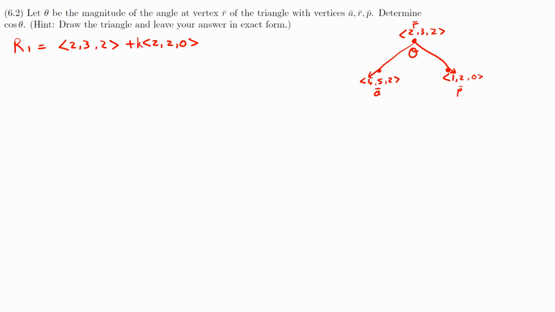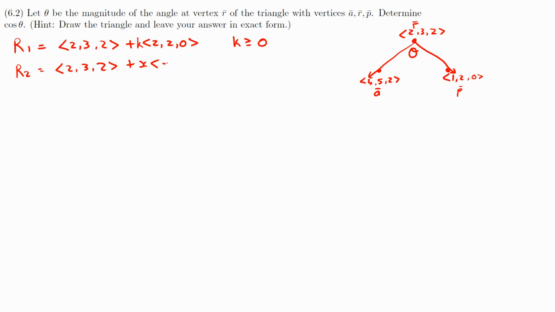Okay, and this is for k greater than or equal to 0 because it is a ray. Okay, it's not a real number, k is just greater than or equal to 0. And ray 2 is equal to 2, 3, 2. And then directional vector, let's say this is x.